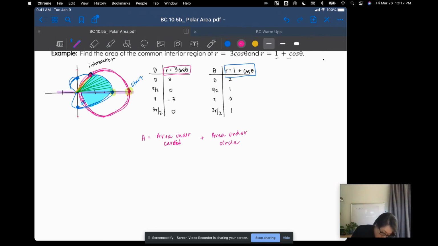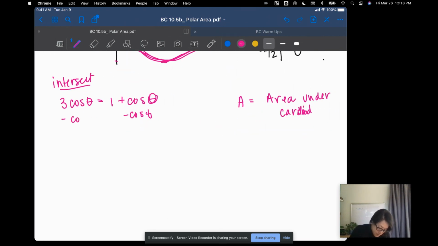I've got r is equal to 3 cosine theta, and r is equal to 1 plus cosine theta. Okay, so subtract cosine theta from both sides. So I have 2 cosine theta is equal to 1. So cosine theta is equal to 1/2.